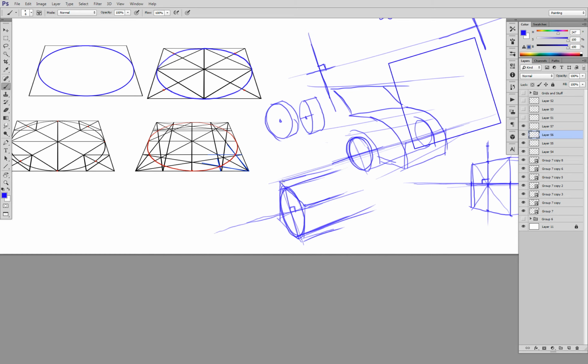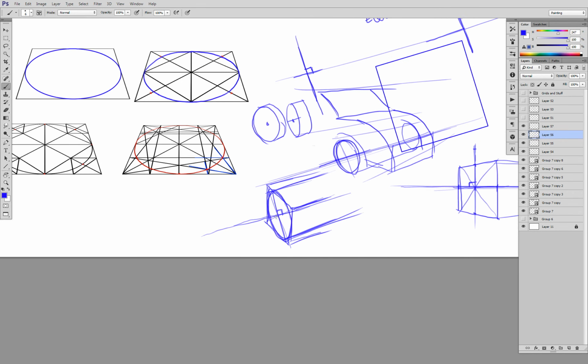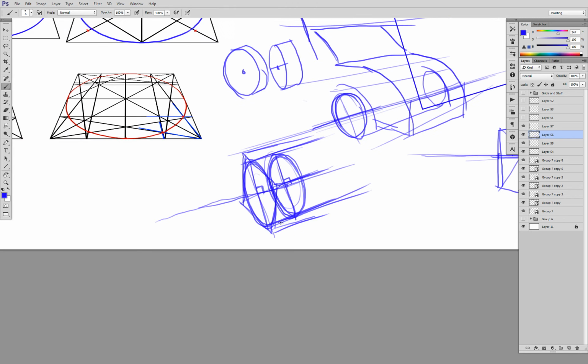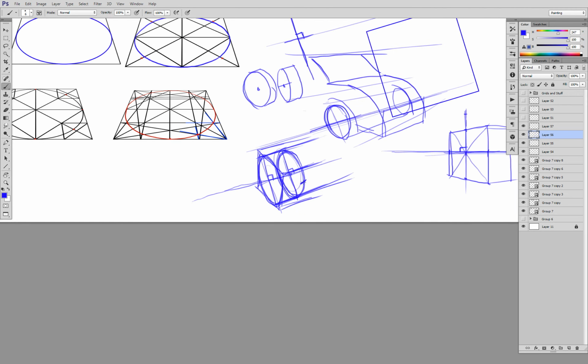And again, we can approximate with a box to make sure it fits in the right space, and then we can draw this ellipse. Again, it's a matter of drawing the major axis, which is going to be 90 degrees, and I just draw an ellipse in here, but I draw it a little bit more open, because we're looking more at the side of this ellipse than we are of this ellipse.